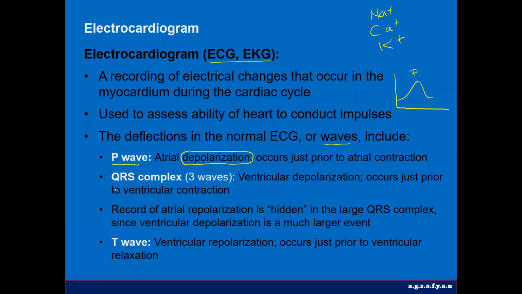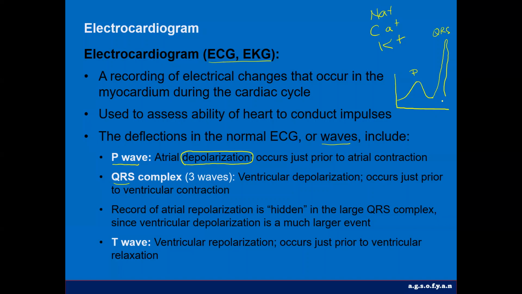After the sodium channel closes, the calcium channel will be opening, and it will increase so much that it will give you a very high peak. Okay, this is what we call the QRS wave, and this actually measures the calcium concentration in our cell.